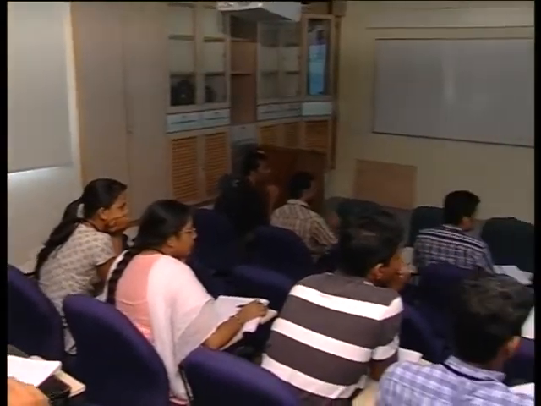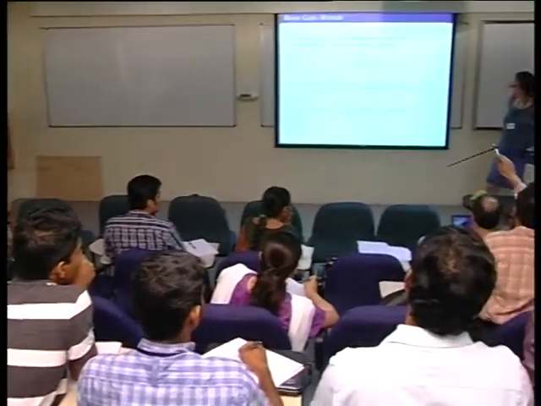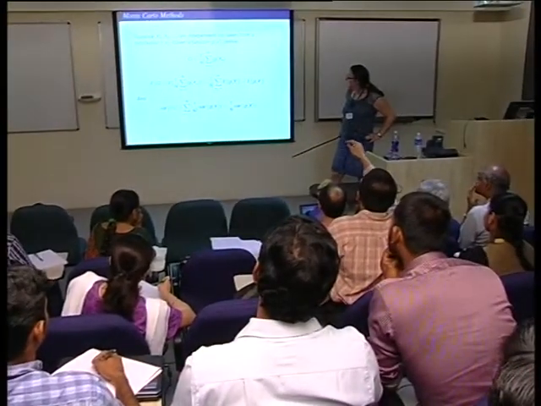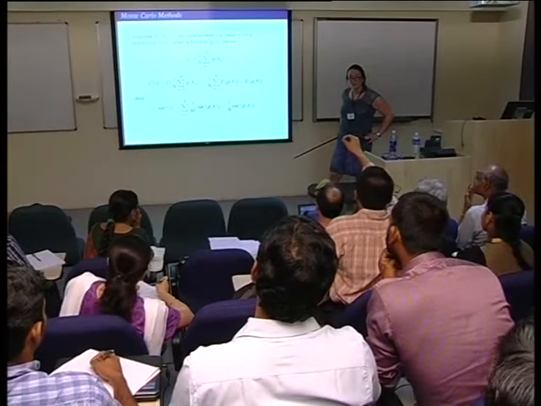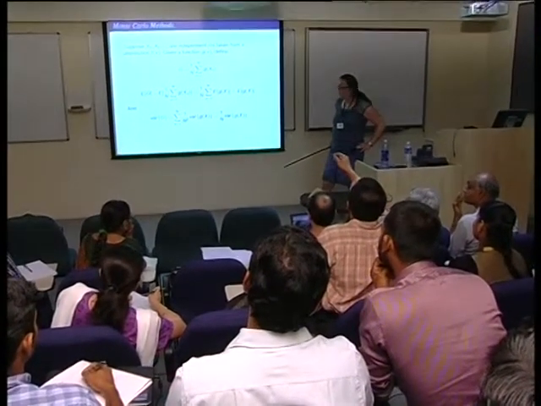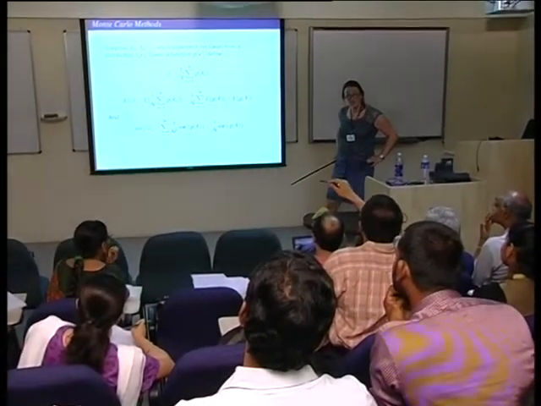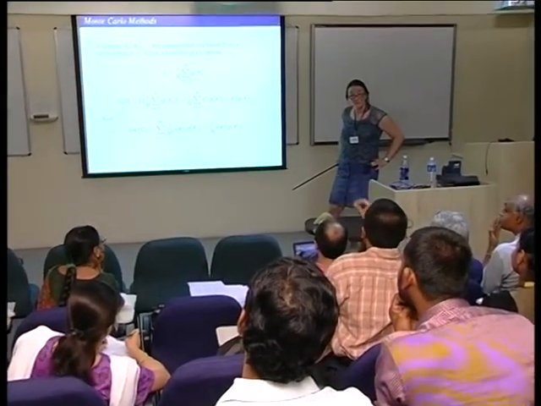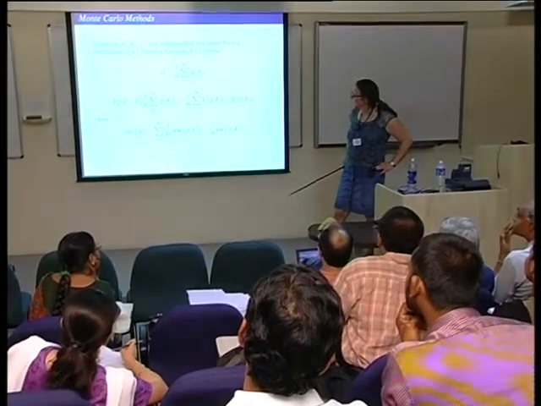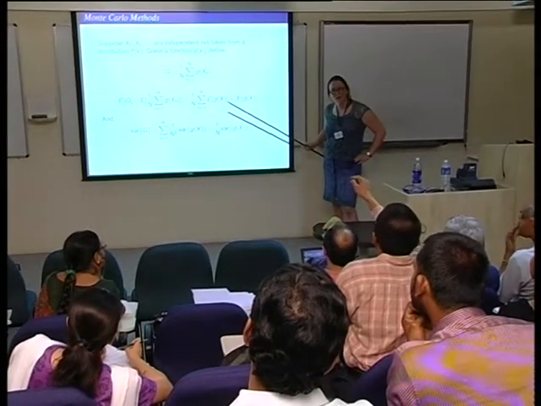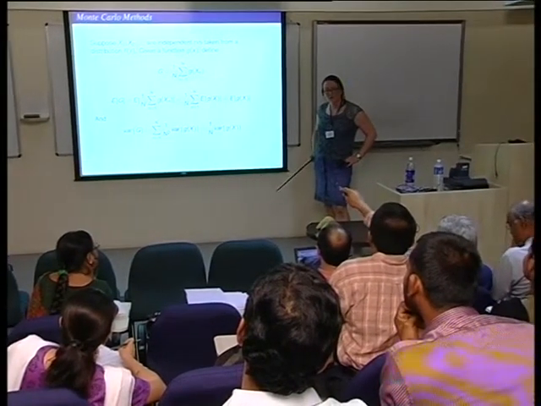Yes. Second equation, suppose it is 1 by n summation, n equal to 1, expectation of g(x). When we are taking the expectation, it can be the mean of g(x). Are we considering g(x) as constant?